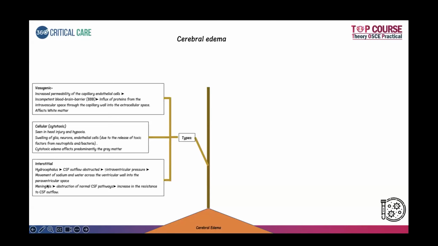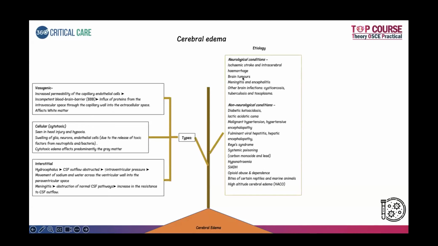It can be seen in meningitis, where there is obstruction of the normal CSF pathway. The foramen of Monro may be blocked, or there is an obstructive hydrocephalus that can cause increased resistance to CSF outflow, thereby increasing the pressure inside the ventricle. So there is more seepage of water and sodium into the periventricular space, which causes interstitial edema. But pathologically, the vasogenic and cellular are the most important types in a traumatic brain injury.